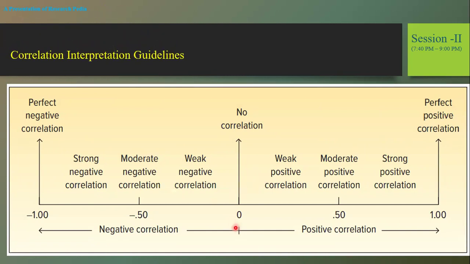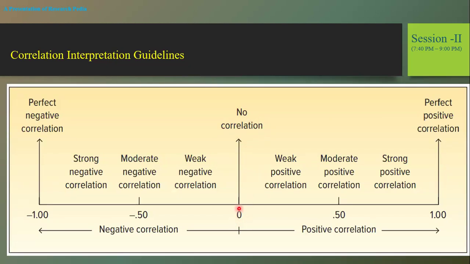If a correlation is zero or close to zero, we may interpret that type of relationship as no correlation between variable 1 and variable 2.